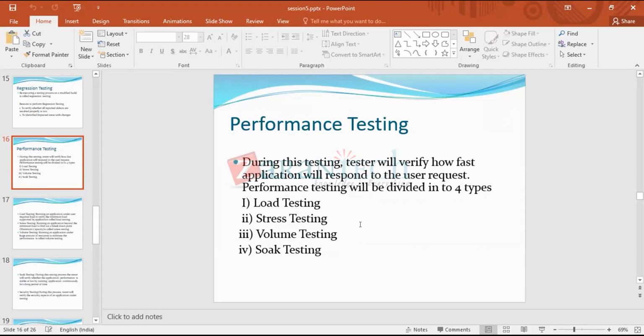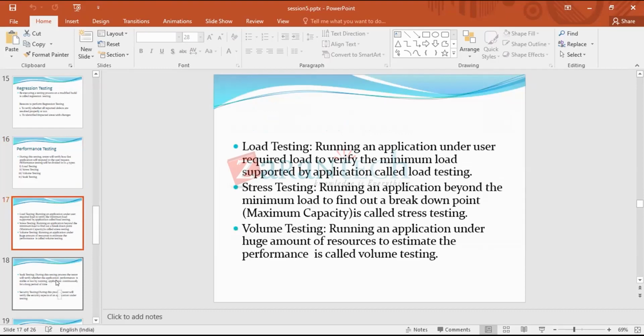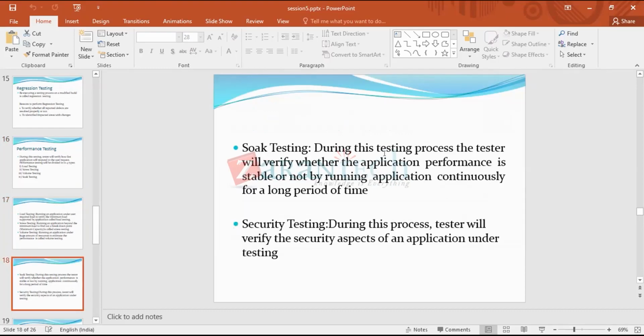Now I'm going to explain. In volume testing, we test the application with huge data, and then the last one is soak testing.